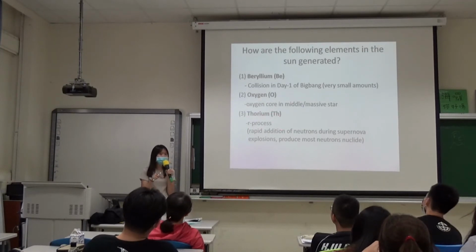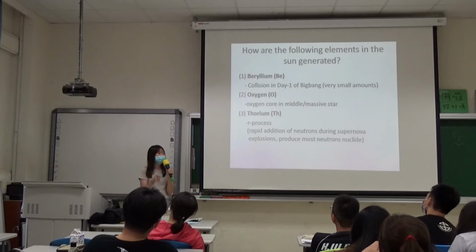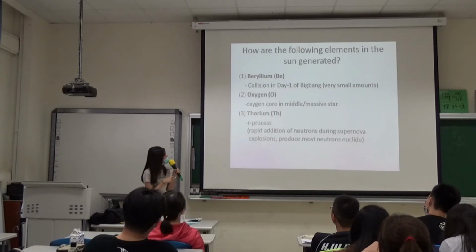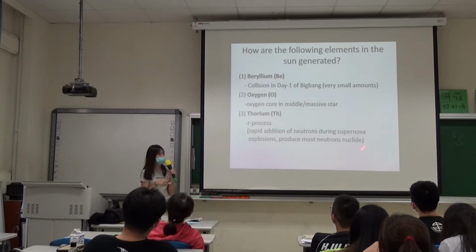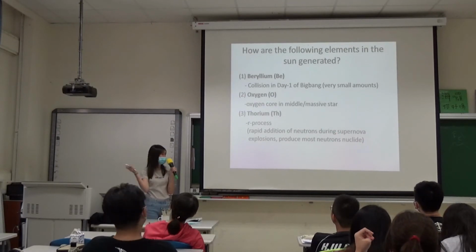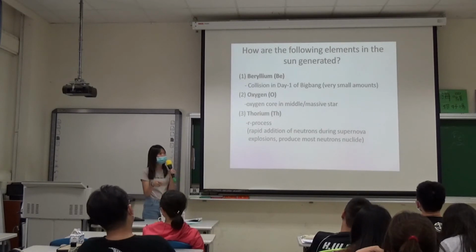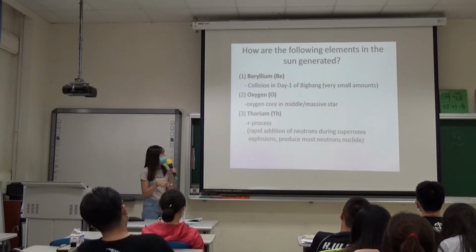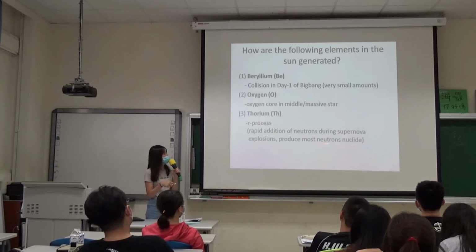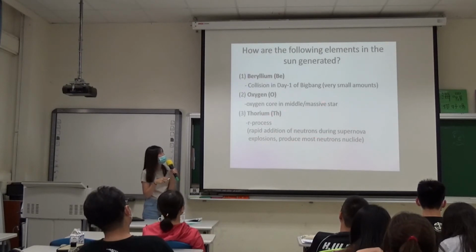Thorium has atomic number 90. In the r process, the rapid addition of neutrons during a supernova, the massive star has exploded. Then neutron capture happens at fast speed and produces most neutron-rich nuclides like thorium.